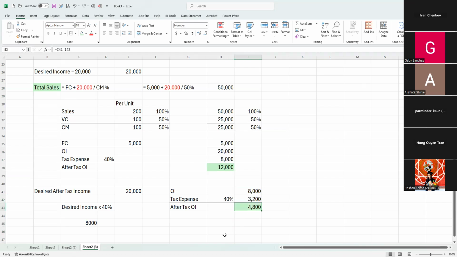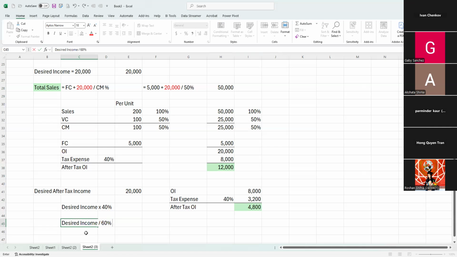We need 20,000 divided by 60%, and we will have operating income. So okay, there's another one. The desired after-tax income, divided by how much? 60%. How did you get the 60%?